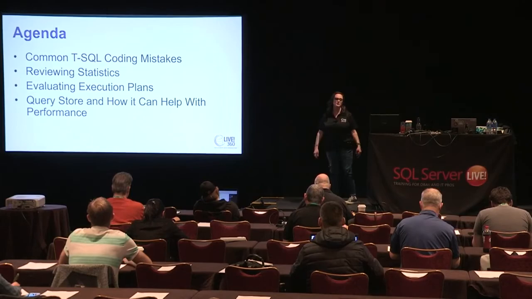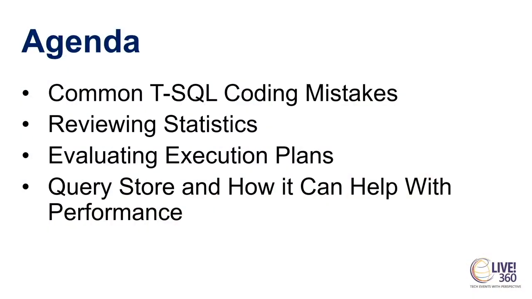All right, so the agenda for this session. First, we'll cover some common T-SQL coding mistakes, talk about what a few of those are, things that I think are common mistakes that I normally look for when I'm reviewing code. As a DBA, you might be tasked with doing code reviews, or you might just be identifying some long-running code in your environment, and things that I've looked for in those instances.